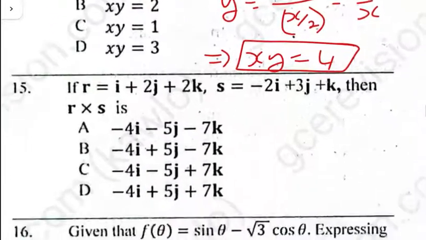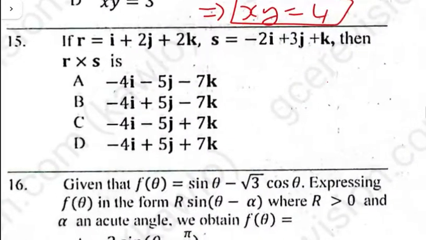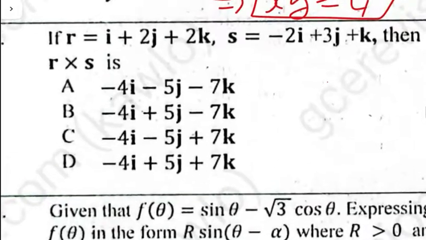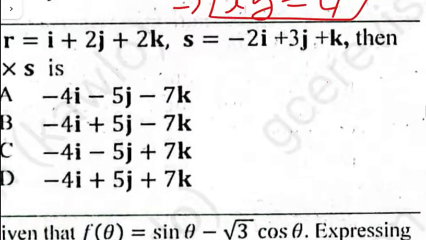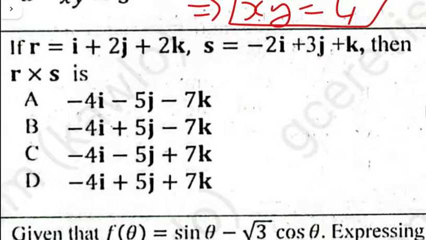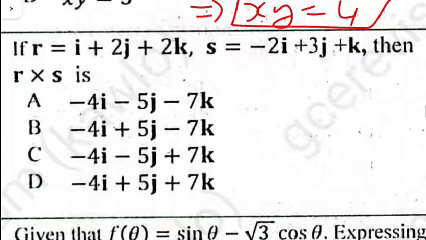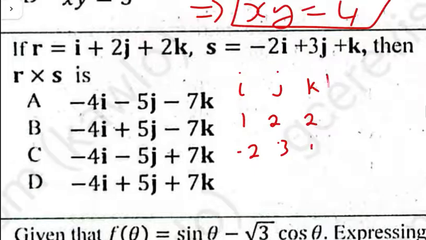Question 15. If r equals the vector i plus 2j plus 2k and s equals the vector 2i plus 3j minus k, then what is r cross s? Since it's r first, we have i, j, k, and then for r you have 1, 2, 2, and for s you have negative 2, 3, 1.